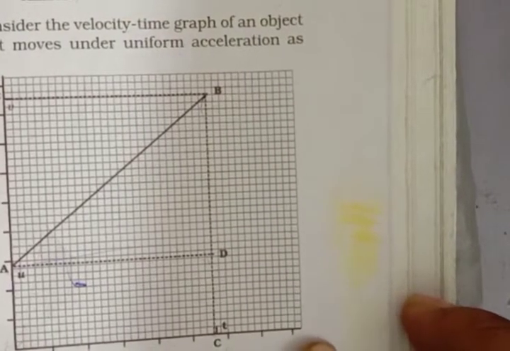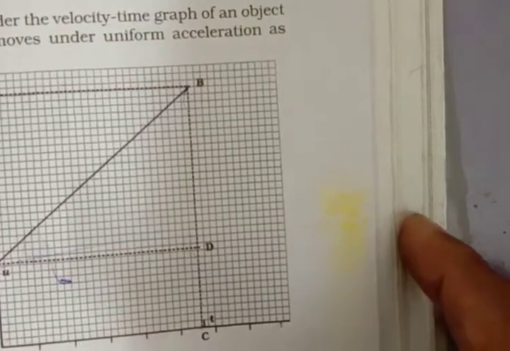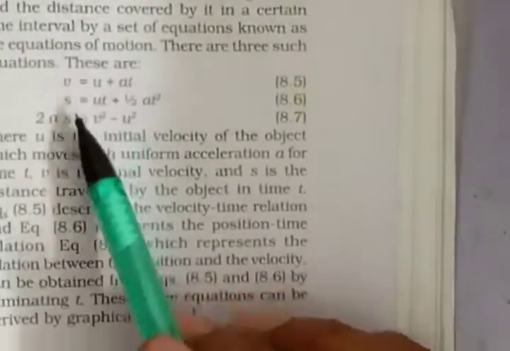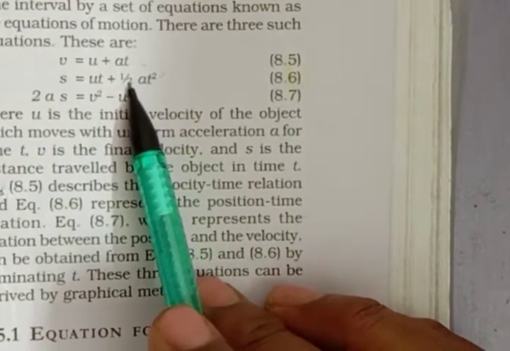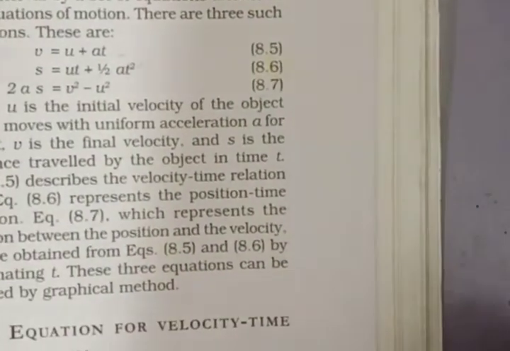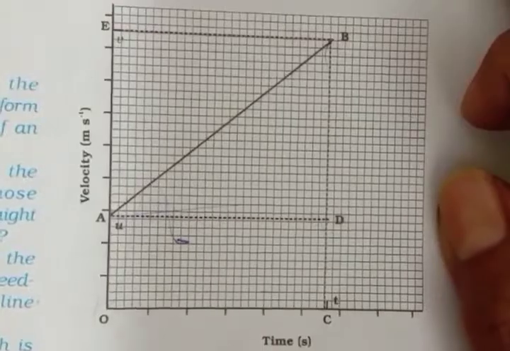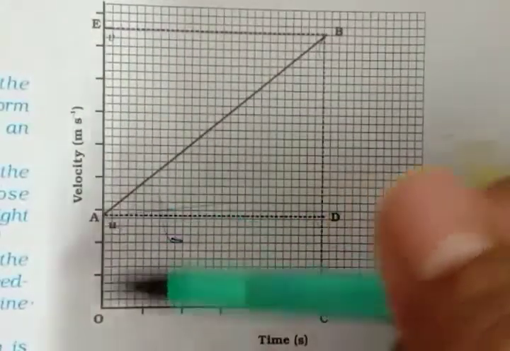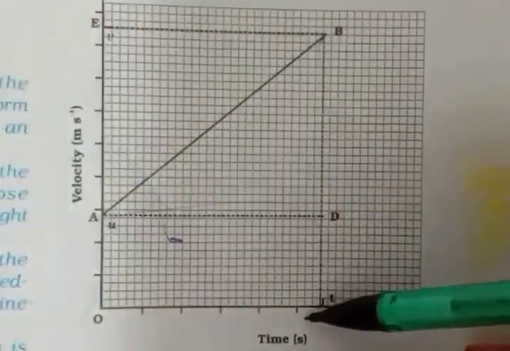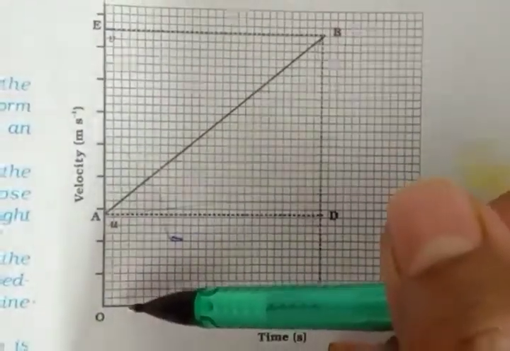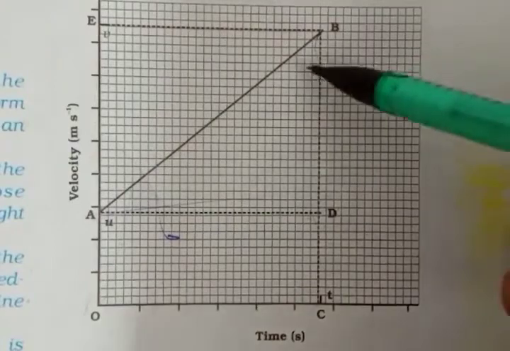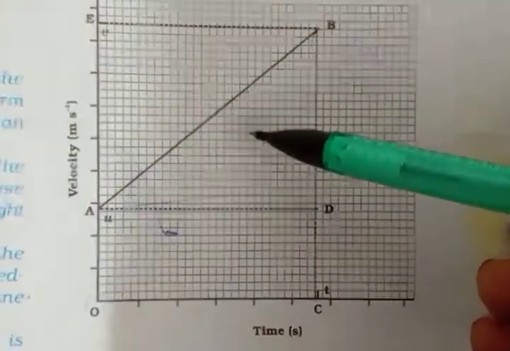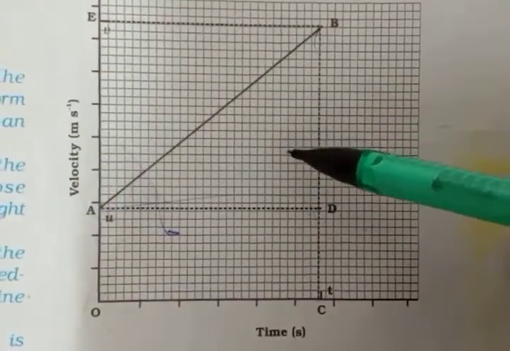So now we will form this second equation. Here OA into OC is the area of this rectangle, and plus half into AD into BD is the area of this triangle, okay?